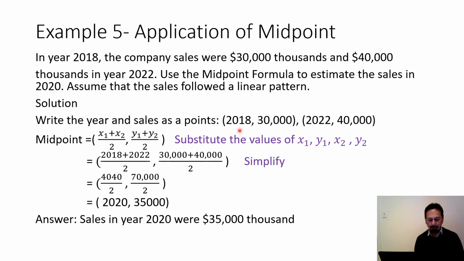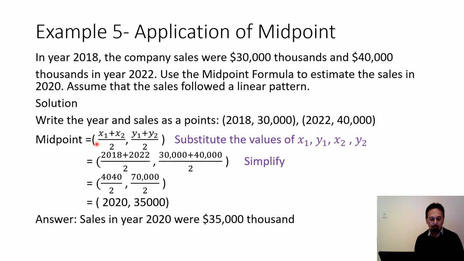The year is 2018, and the sales 30,000. Then here is 2022 and the sale is 40,000. And we have to find the sales in 2020. You can notice that 2020 is in the middle of these two years. So we have to apply the midpoint formula.